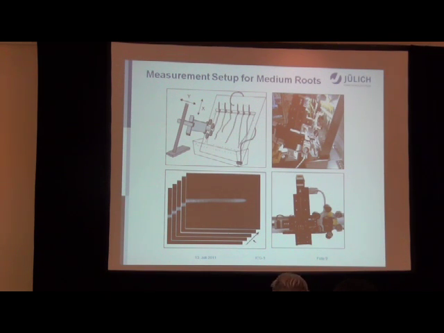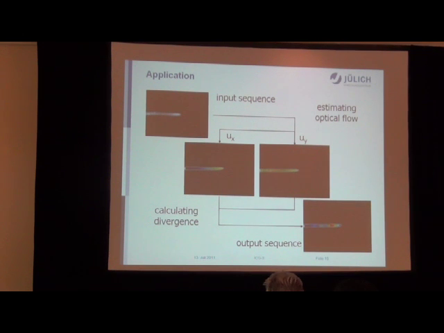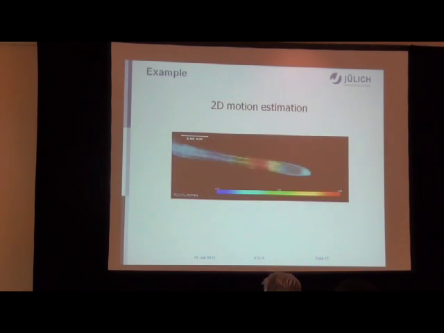We get an image sequence and compute from this image sequence the optical flow or the velocity of this root, and then having this flow field compute the divergence as a measure of the growth. This is color coded, and then we can say, well, here in this red area there's the maximum growth of this root.